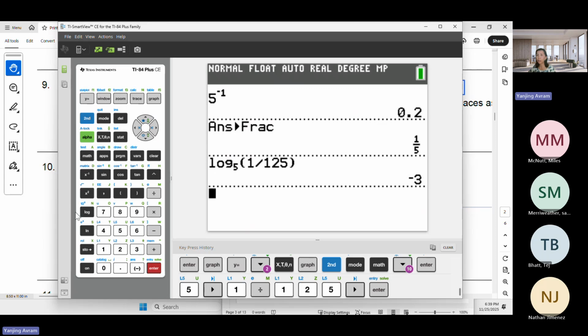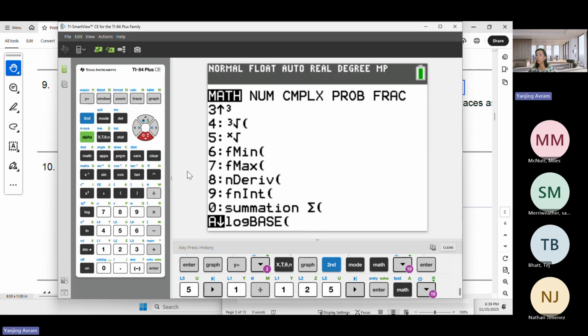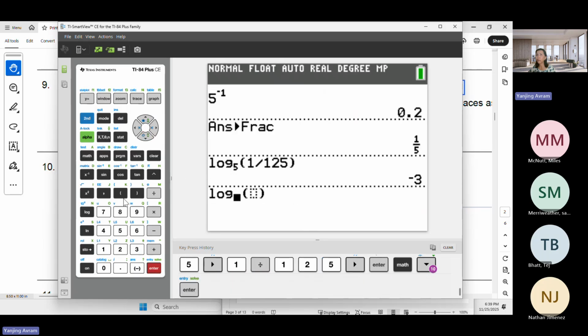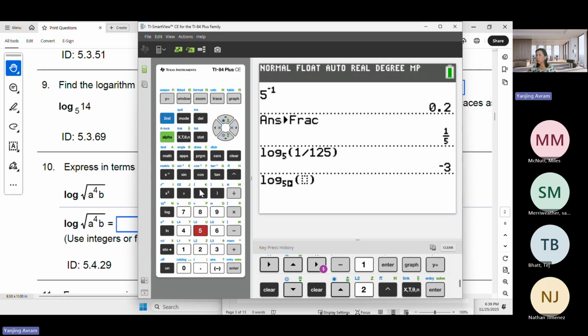Log is called the common log, so this is base 10. Ln is the natural log, which is base e. So some calculators only have these and don't have this log base. If I have this log base, I will show you this formula. You're going to come out to the same answer.